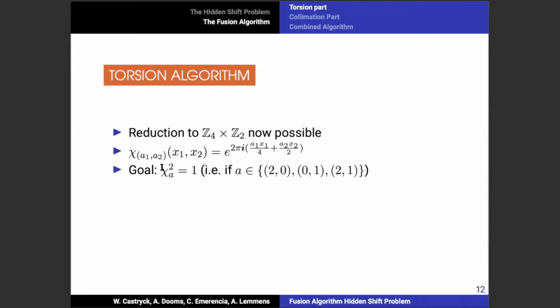So if we have a character of which the square is trivial, we apply the Hadamard transform, measure 0 or 1, we get a system of linear equations, and by linear algebra, in the same way we have done in Simon's problem, we can reconstruct S3 and S4, hence reconstruct S in this p^t torsion group.